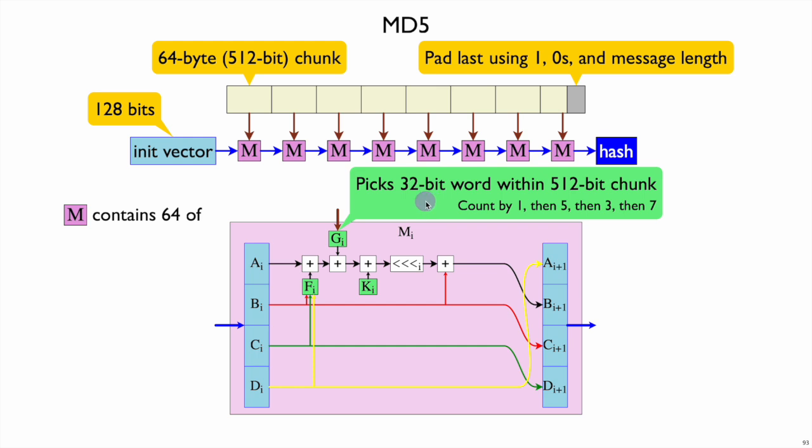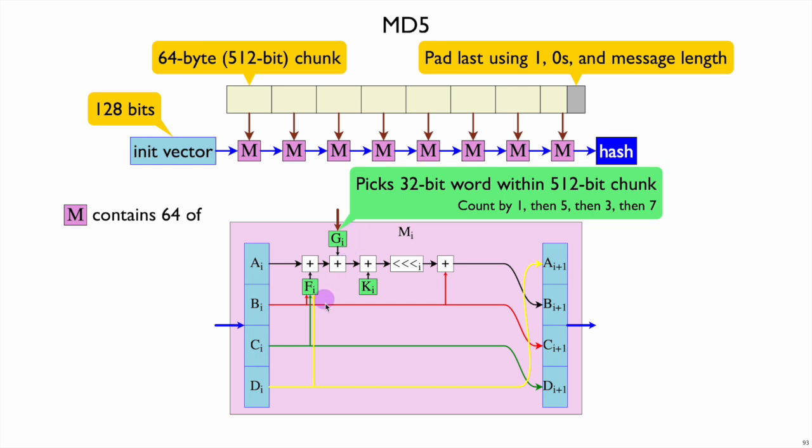There's 16 such words within the chunk, and it turns out that G0 through G15 just take one of those each, and then G16 through G31 counts by 5 instead of going by 1 and cycles through all of them that way, and then the next set of 16 go by 3s, and then the last set of 16 go by 7s.